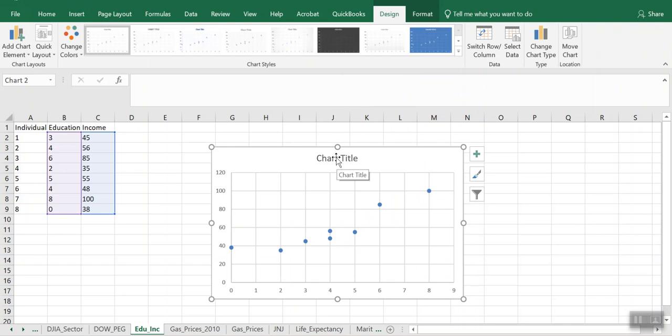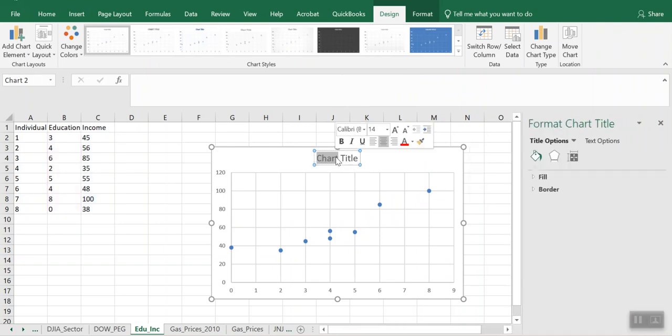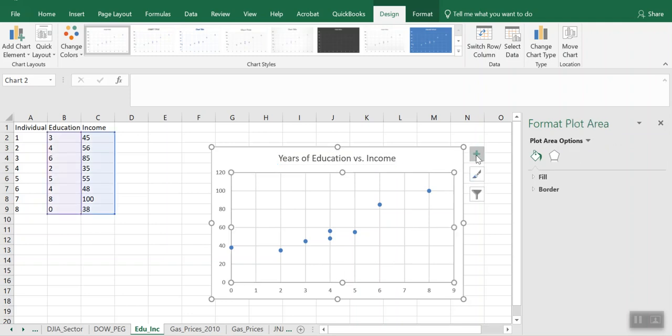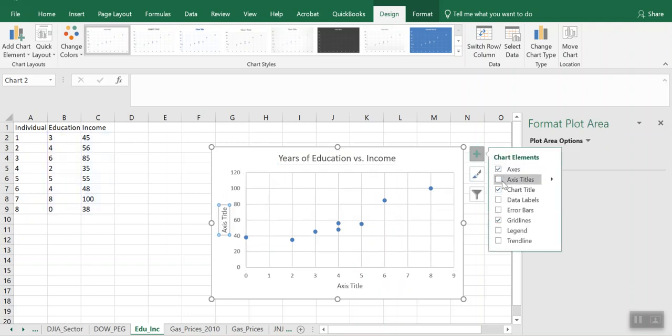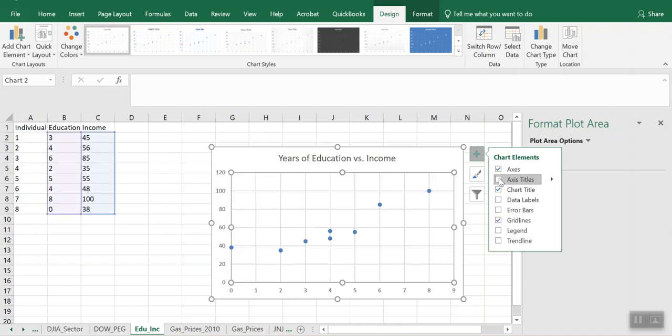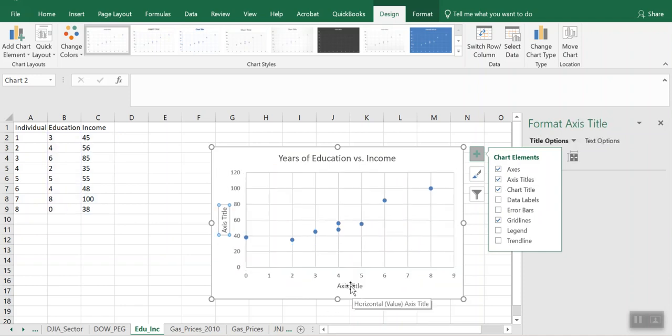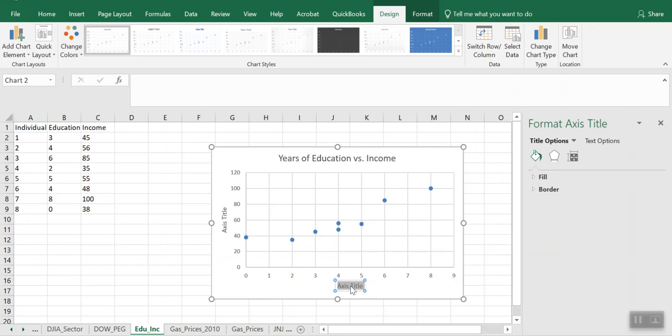And now again, I can change my chart title, years of education versus income. I can, of course, add axes titles here, which I definitely want to do. So my x-axis is education, whereas my y-axis is income, and this is in thousands.